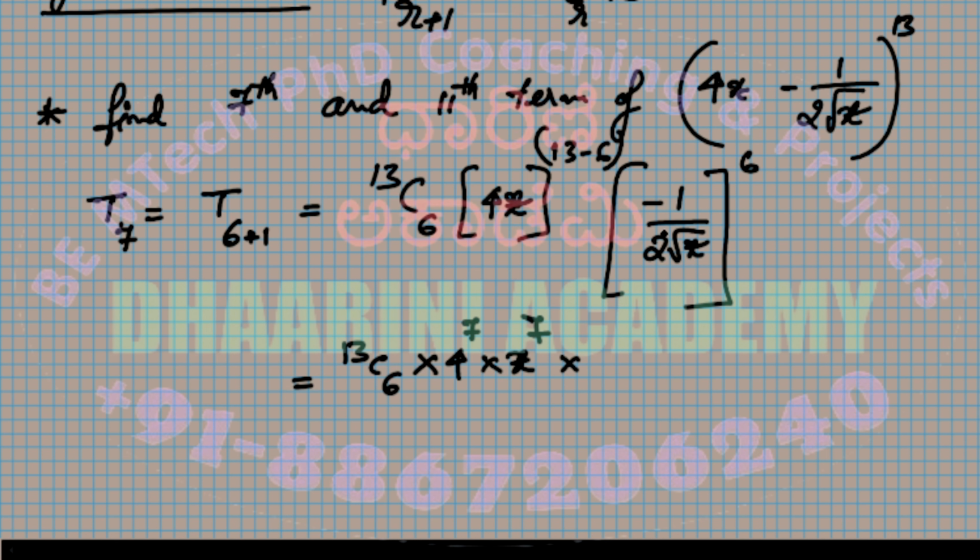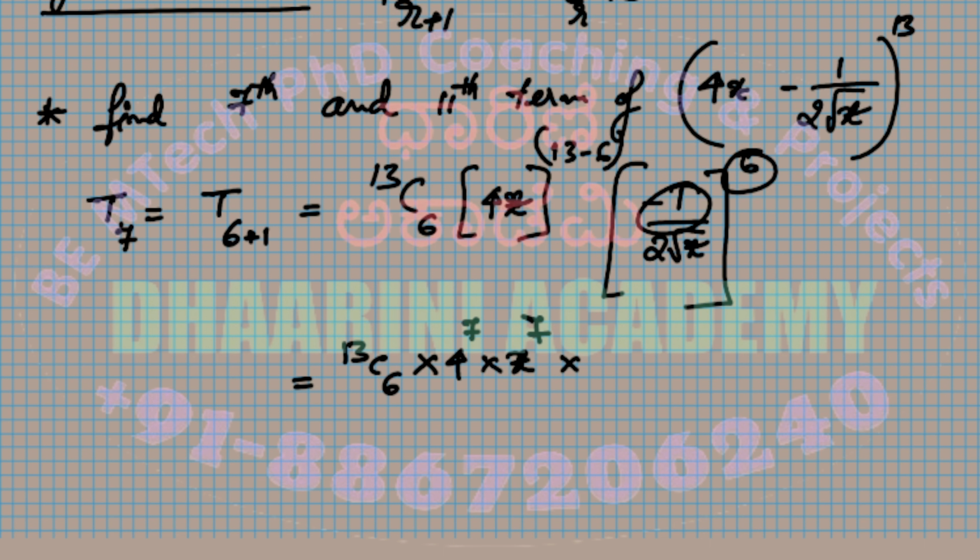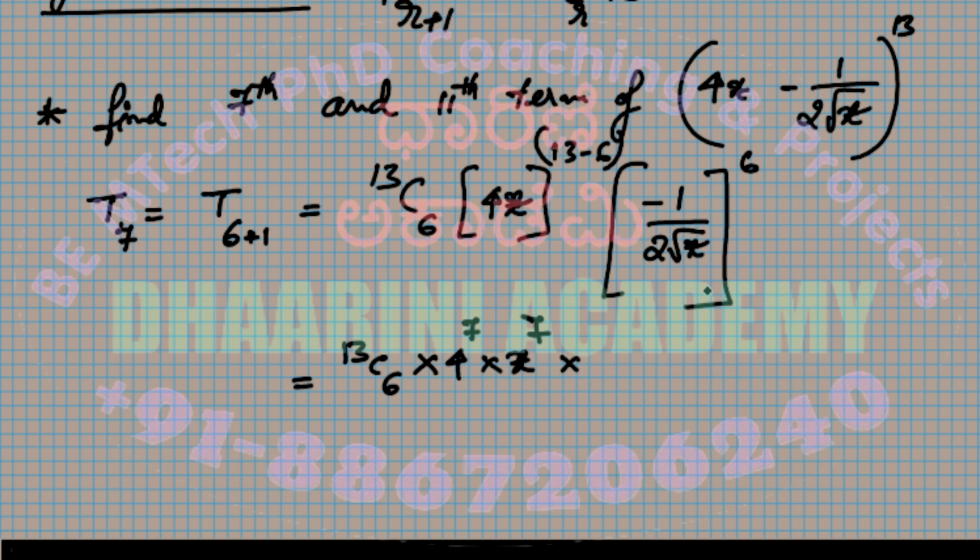Minus 1 raised to the power 6 is a positive number, so the negative sign goes away. I don't have to write the minus sign, just write the positive term. So this is 2 raised to the power 6 into x to the power half, raised to the power 6. So this is equal to x cube.